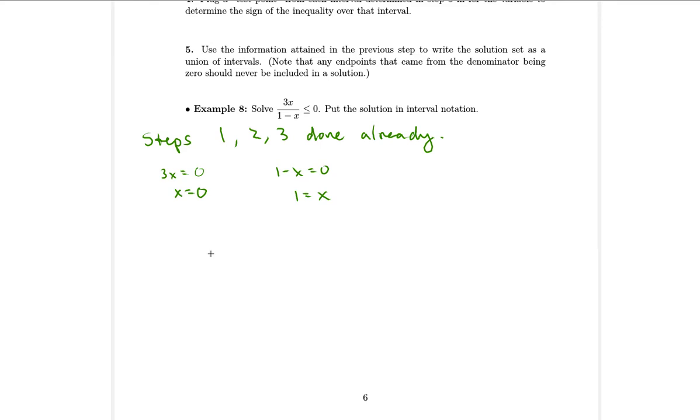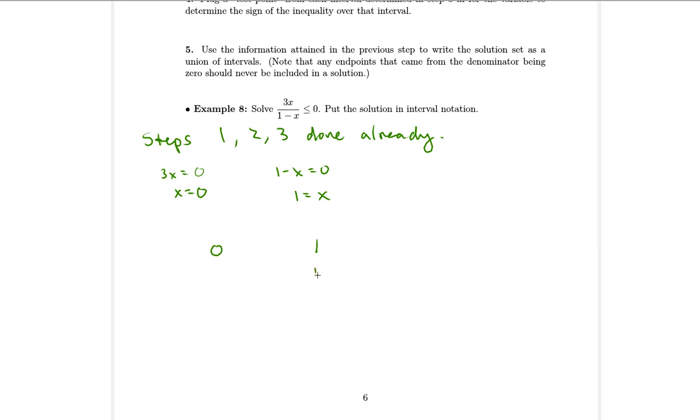I don't know if I used this term in the last video, but we call it a sign chart. Here's what I'm going to do. Remember last time I used solid lines when we were doing less than or equal to, and dotted lines when we were doing just less than or greater than, to remind me of when I'm going to use parentheses and brackets. I want to do the same thing here, except every time I'm dealing with a vertical asymptote, I'm going to put a dashed line regardless of what the inequality looks like.